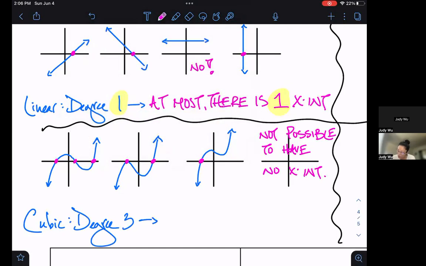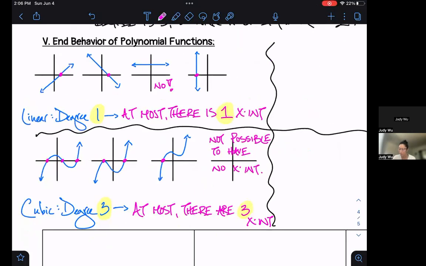And if we think about the most number of x-intercepts, at most there are 3 x-intercepts, right? So not a coincidence again, degree 3, at most 3 x-intercepts, right?